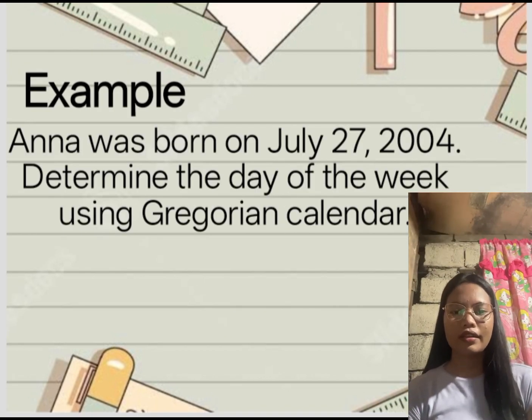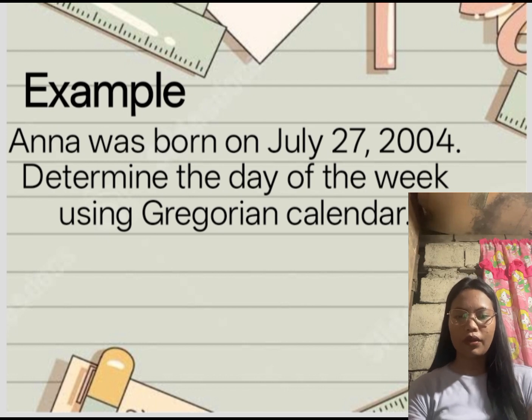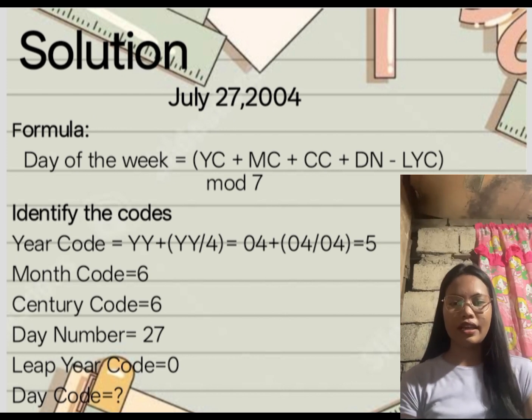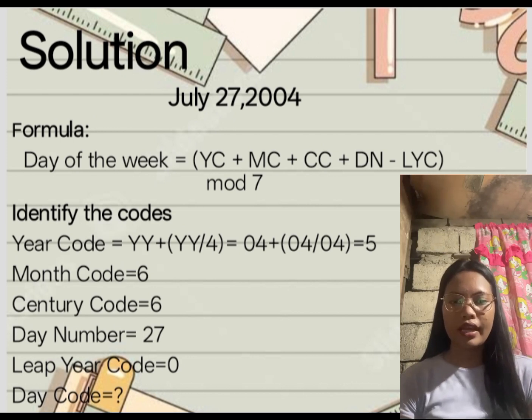After identifying the codes, we can now solve for the day of the week. So let's have an example. Anna was born on July 27, 2004. Determine the day of the week using the Gregorian calendar. Our formula is: day of the week is equal to year code plus month code plus century code plus day number minus leap year code, modulo 7. First, identify the codes.